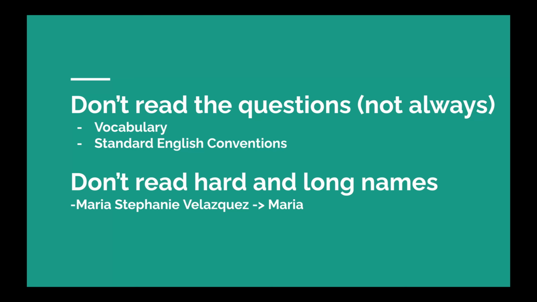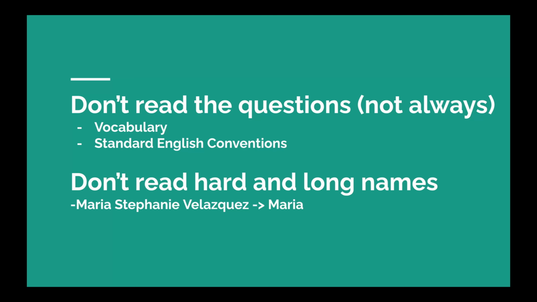And then another very important tip that I used is do not read hard and long names. One thing I noticed is that College Board likes to put very, very complicated names in their passages, like Maria Stefani Velasquez. Well, reading this whole name is not going to help you with anything. So instead of reading Maria Stefani Velasquez, just read Maria and that's it.